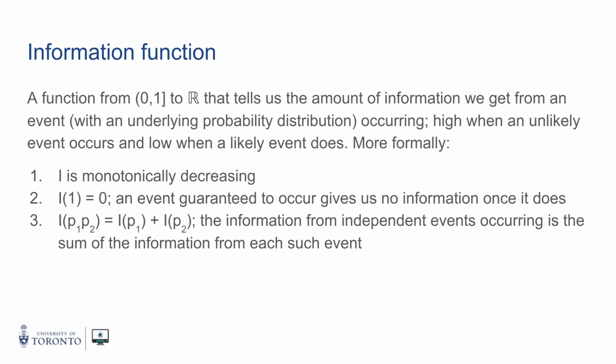In other words, an event that is guaranteed to occur gives us no new information. One other thing: if we have two independent events, we want the information of both occurring to be the sum of the information of them occurring separately.